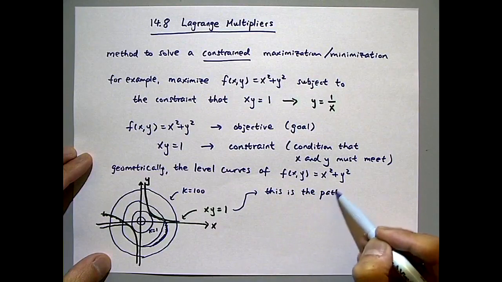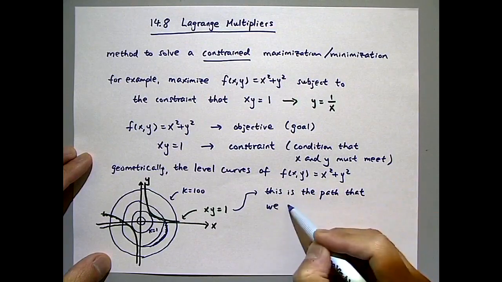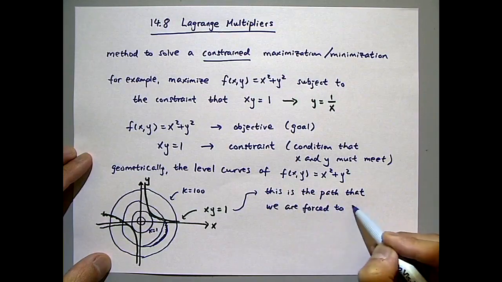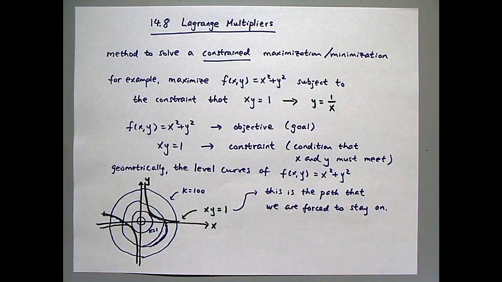This is the path that we are forced to stay on. Imagine if you're climbing a mountain, and the mountain is very, very rugged, very dangerous, and you are only permitted to travel on the path that has been set up prior to your arrival. That's what these green curves are. You can't get off the trail.